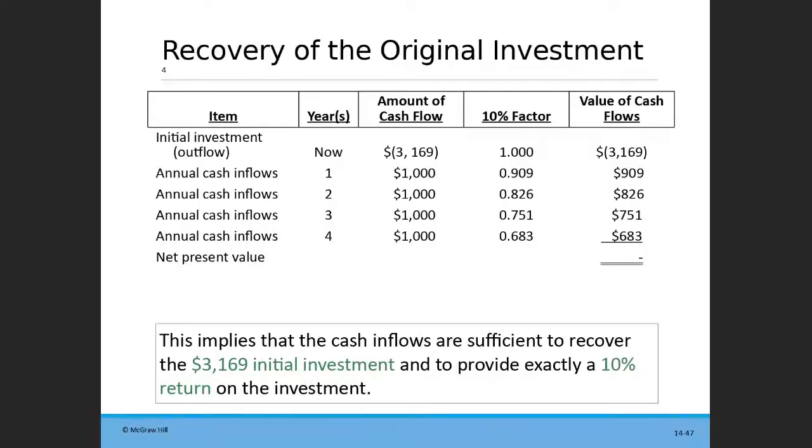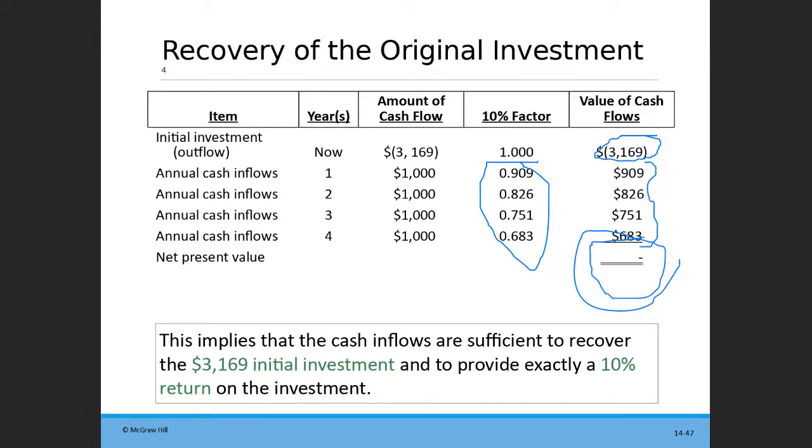Okay, so here we are. We've filled those numbers in here, and there's our rates, and we come up with these numbers. So when you add 909, 826, 751, and 683, those happen to total 3169. Great. Now, that's a 0 NPV. Remember what we said.